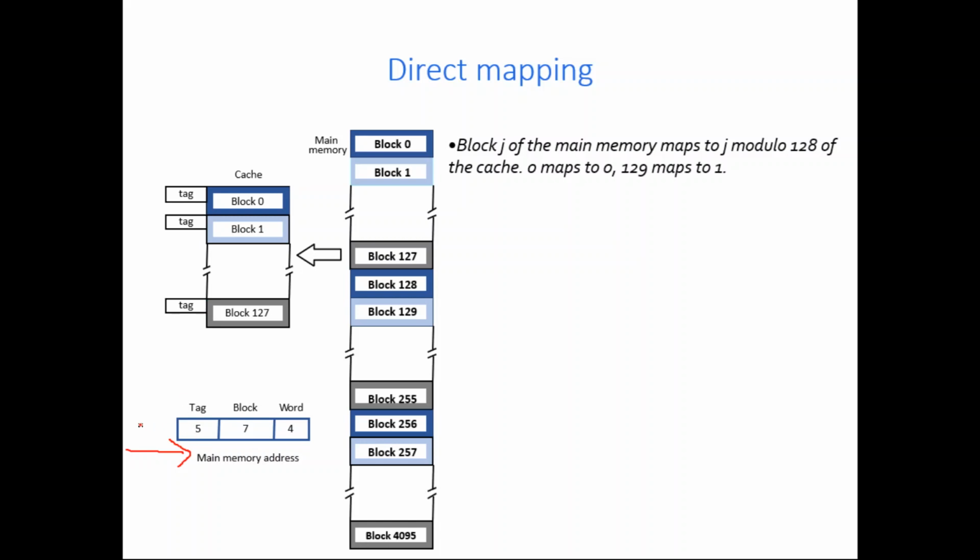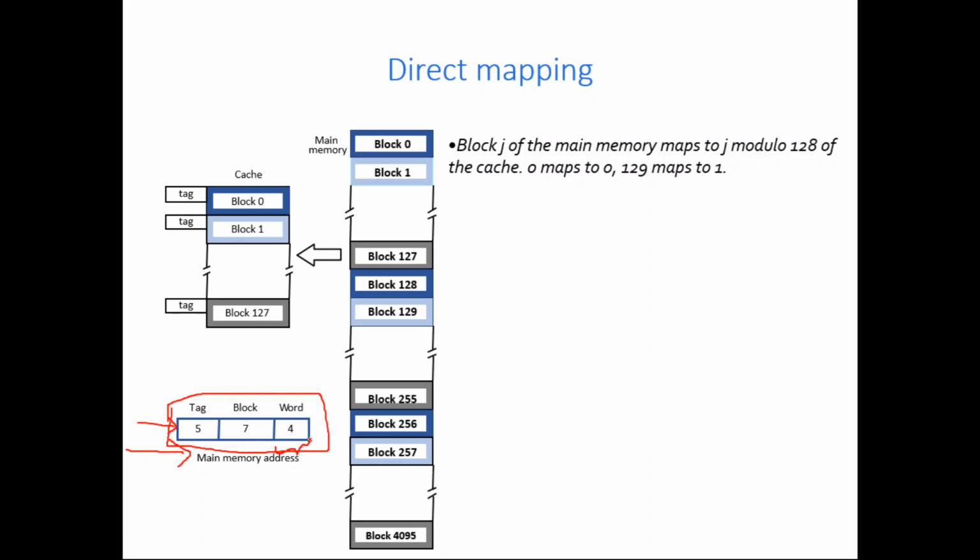Now how will the cache circuitry identify whether the block corresponding to the address being referred to is available in the cache or not? That is the question. How will it find? The address generated by the processor contains 3 parts. The least significant 4 bits refer to the actual word.